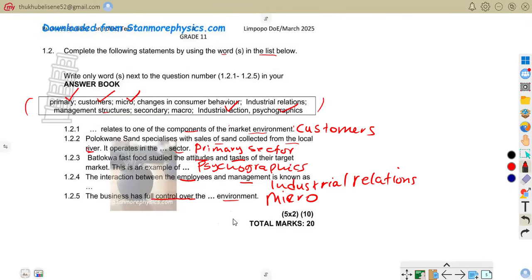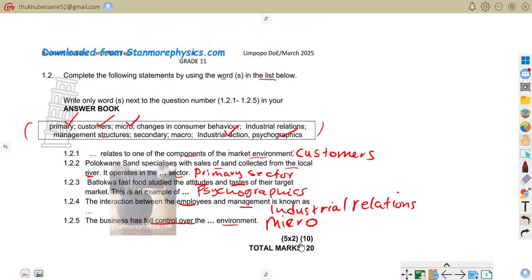The components under the micro environment include employees, who are found inside the business, and the visions and missions of the business, which we have control over and can change. So that is all about question 1.2. Meaning to say, now we have to move on.